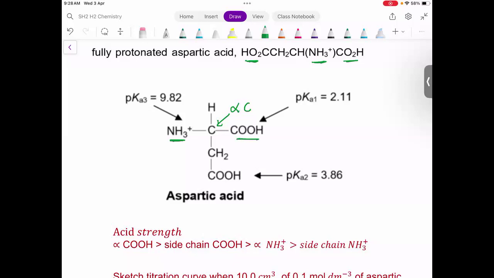So the alpha carboxylic acid will be a stronger acid than a side chain acid. This is the side chain acid, a carboxylic acid at the side chain. It is not bonded to the alpha carbon, so it's a weaker acid. Then an alpha amino group will be a stronger acid than a side chain ammonium salt. This will be the general trend.